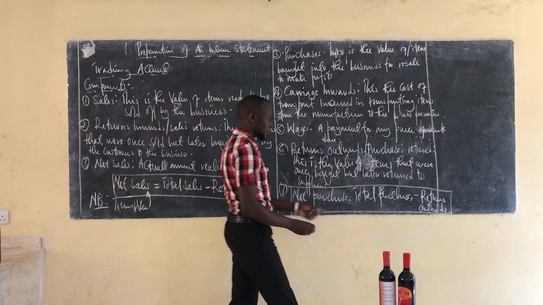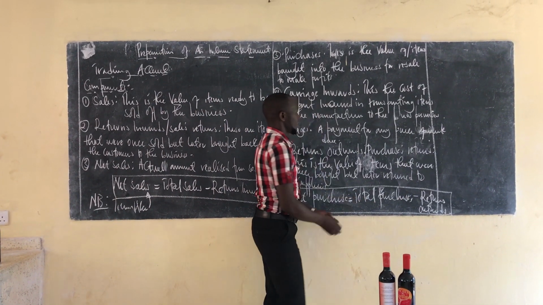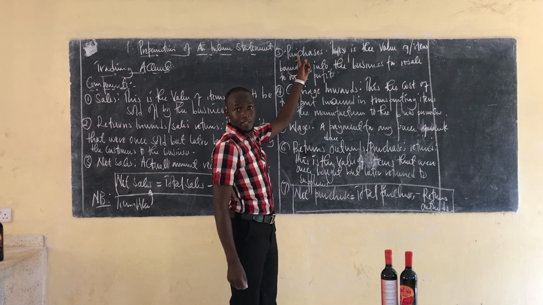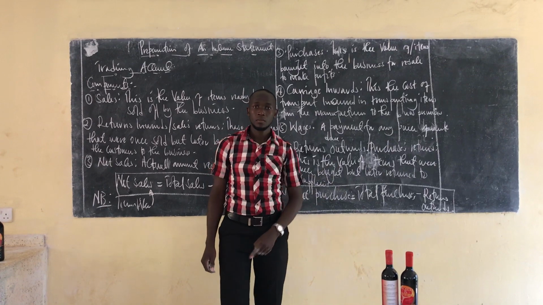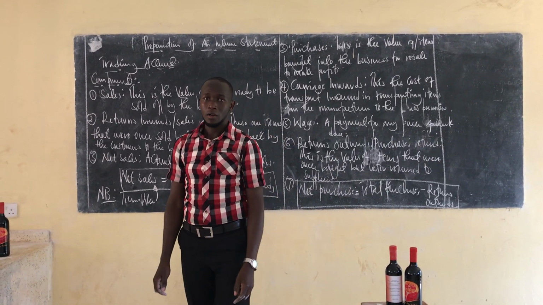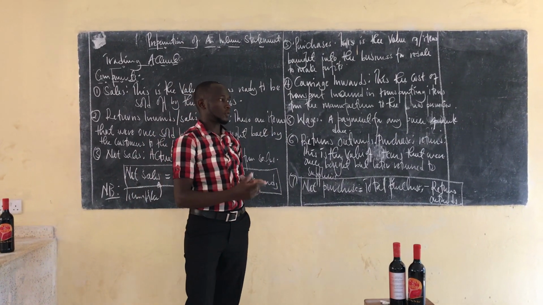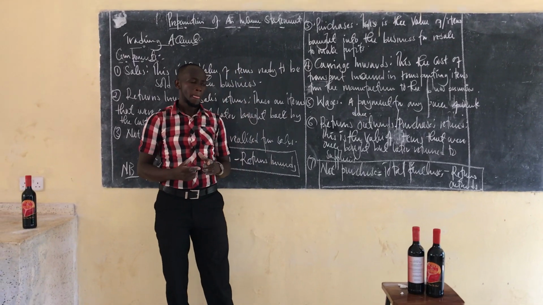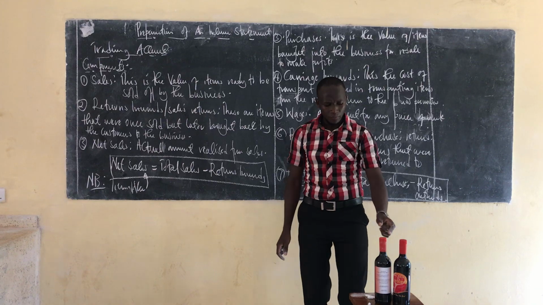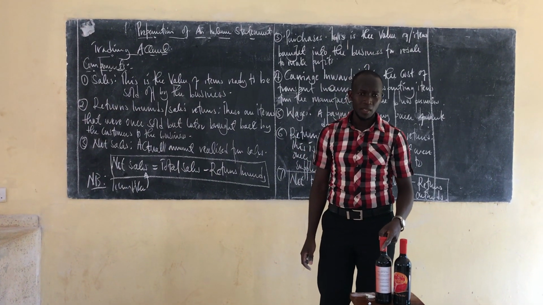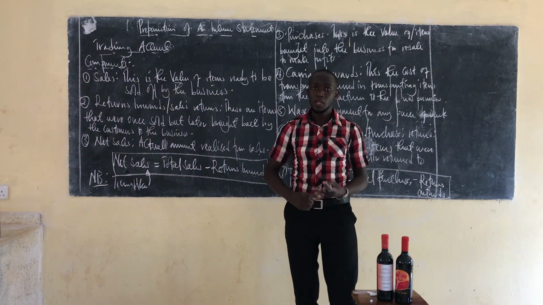But remember, total purchases. You get purchases, add on carriage inwards, add on wages. Go back to the other explanation and ask yourself, why is it that at some instances, someone tells you, I would have given you this bottle at 30,000, but just imagine, I put in my transport, I put in this.